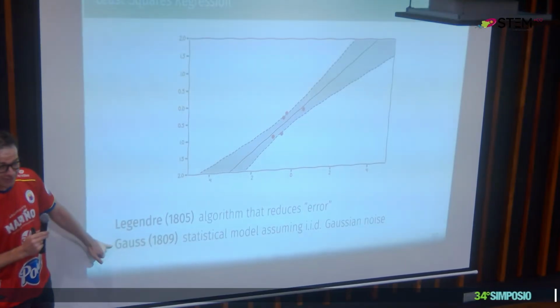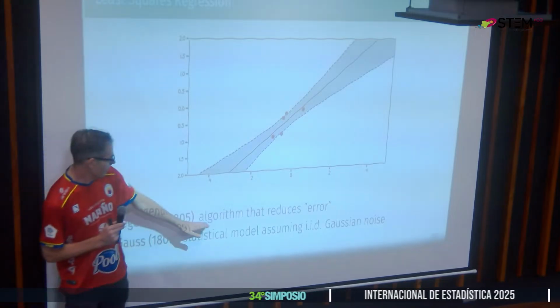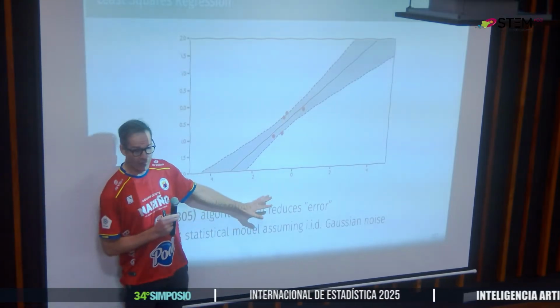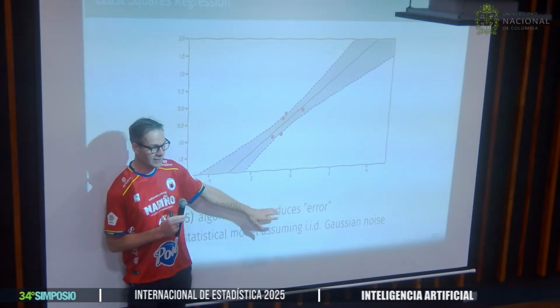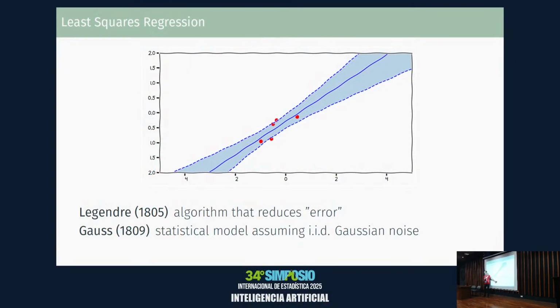Was it Lagrange or Gauss who came up with this? Lagrange had some algorithm that reduced error. The assumptions were not clear at all. Gauss made a very clear statistical model that said, if your error is independent and Gaussian, it leads to this.